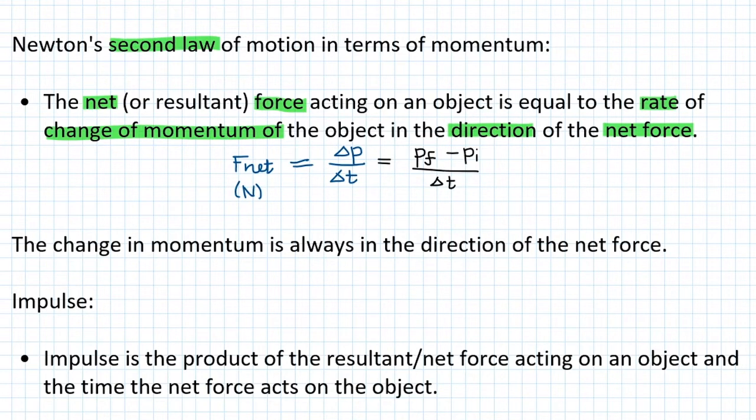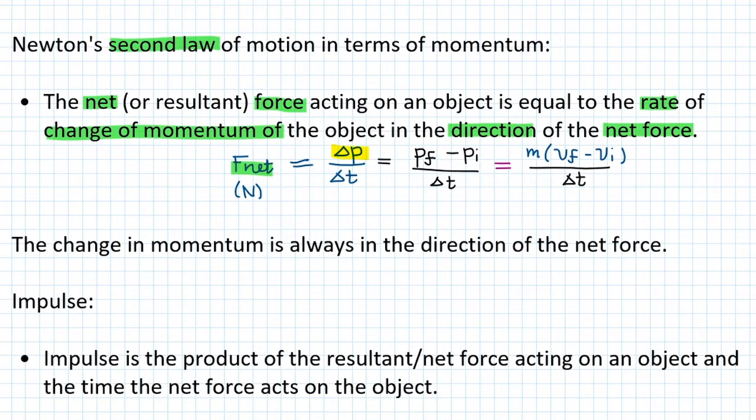In the previous video, you may remember I showed you that this can be expanded further so that we have m, the mass of the object, v final minus v initial, and in this case we are still dividing by time. So this is how we can calculate the net force by making use of an object's change in momentum.